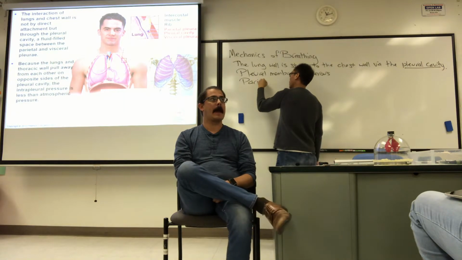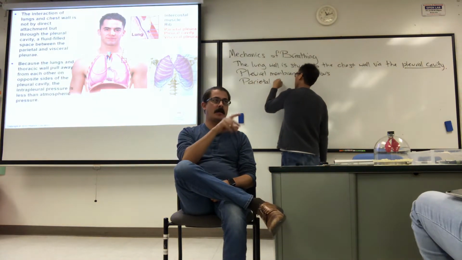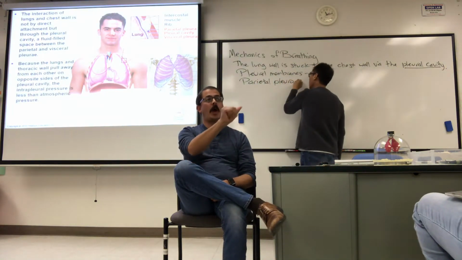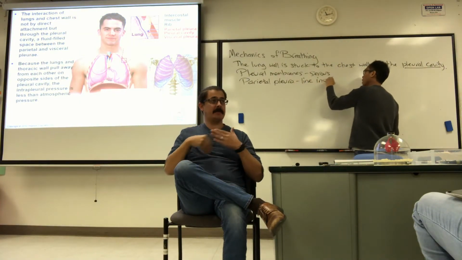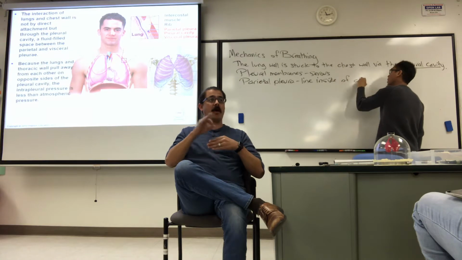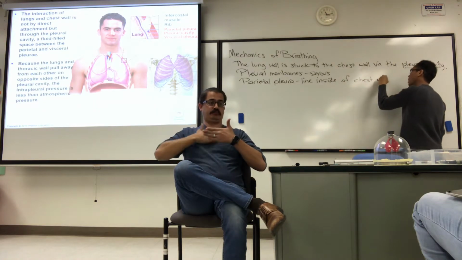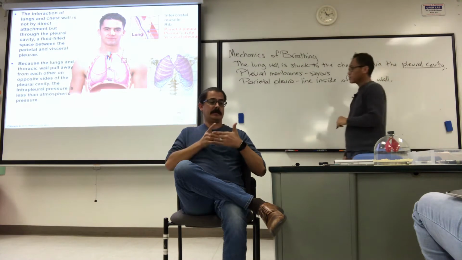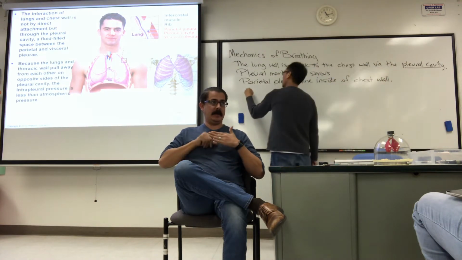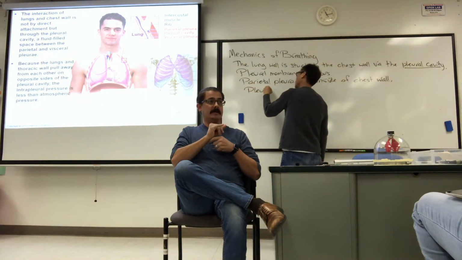The parietal pleura lies inside the chest wall. And then you have that gap or space, which is the actual cavity, the pleural cavity.